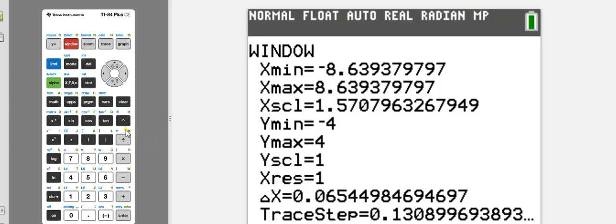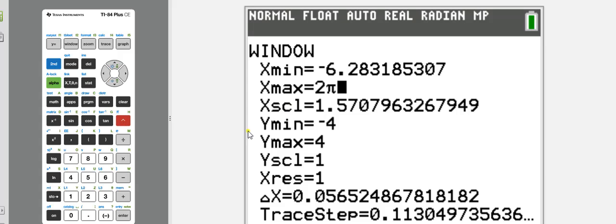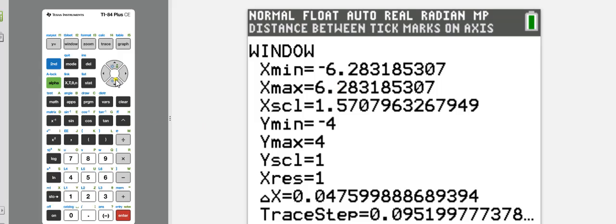That's because, let's say you want to go from negative 2 pi to 2 pi. And you see how everything changes in decimals? And then x scale, I'm going to make it as pi over 2.